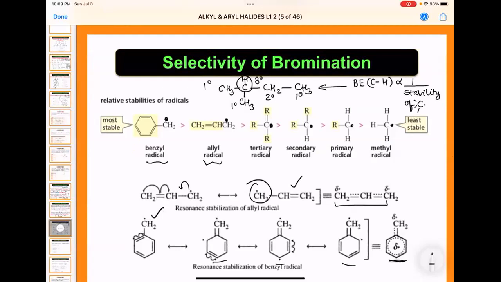For example, in the benzylic and allylic radical, it was resonance which was responsible for the stability of the radical. It was mixing up of the radical electron with the adjacent double bond. I'm asking you what are the factors which stabilize this tertiary radical, which make tertiary radical more stable than secondary, and secondary more stable than primary. What is the factor responsible?